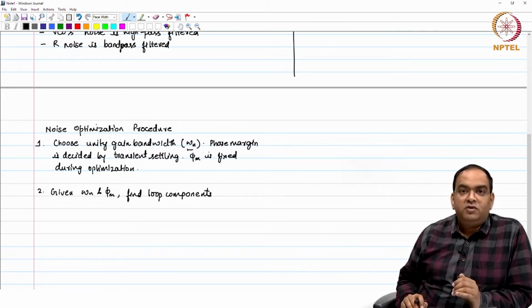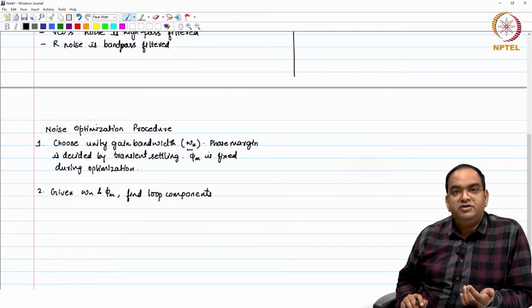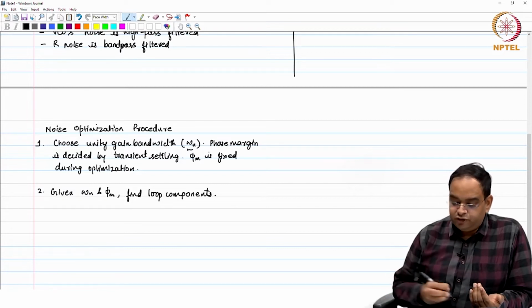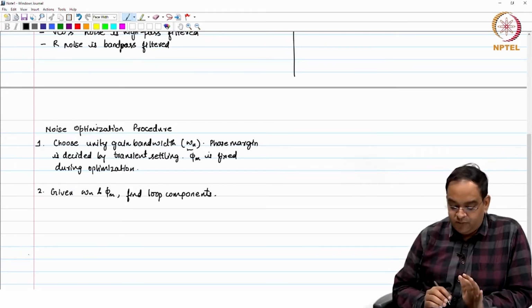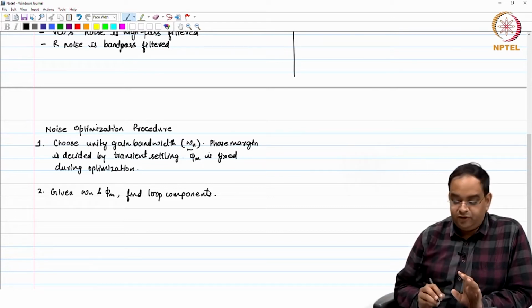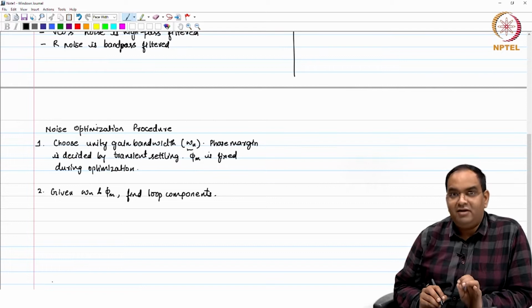With the same procedure which we saw earlier, that the phase plot at the unity gain frequency should be maximally flat, that is, the derivative of phase is equal to 0. So, using that we will find the loop components. Now, when we find the loop components, a few things we have assumed or chosen, and a few things will be given for the design.